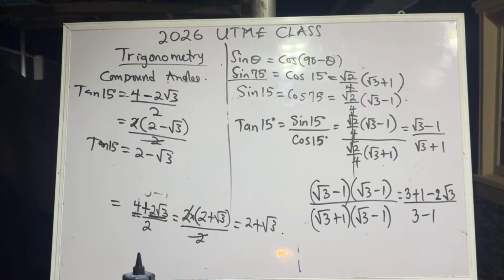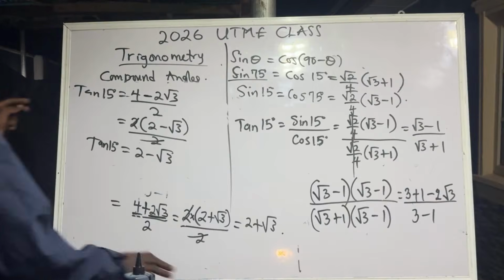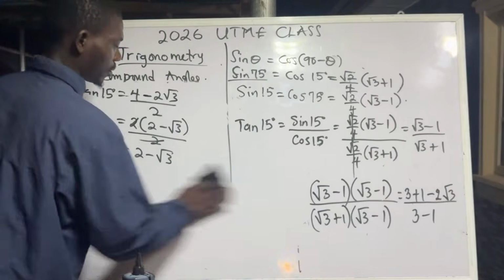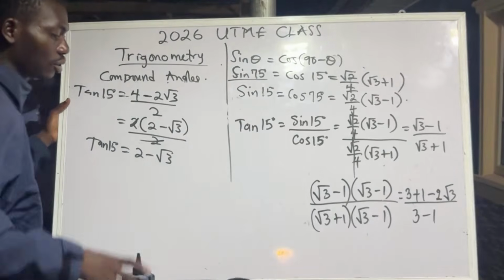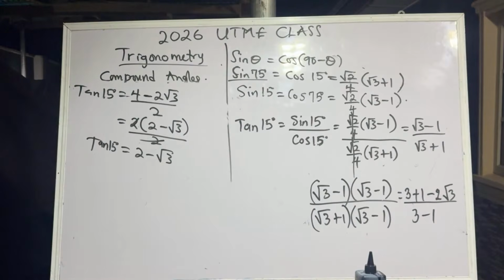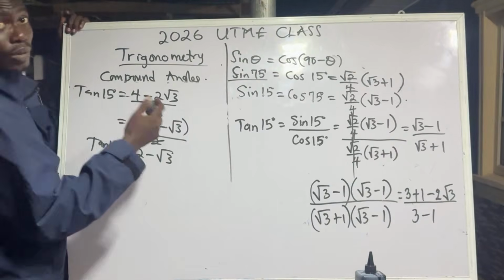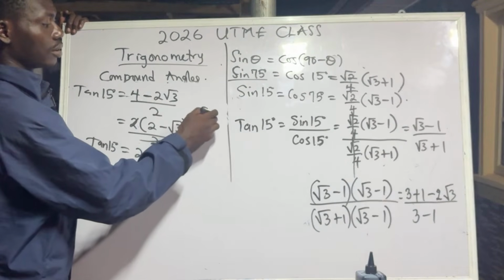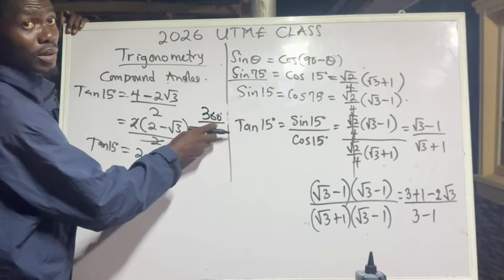And then, okay, let me explain the concept of tan graph that Roger asked. So you guys also should pay attention. Now, what I said about tan graph is that the periodicity of sine and cosine is 360 over the coefficient of what?